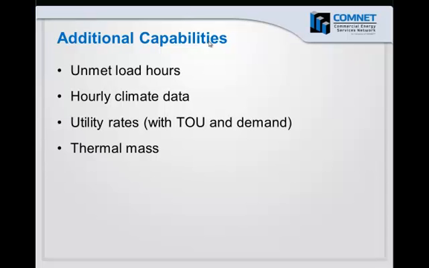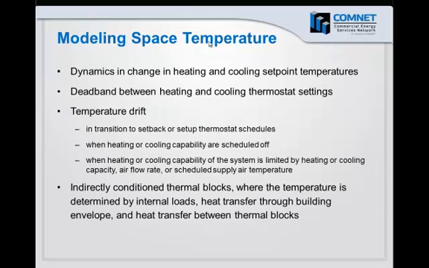This is necessary because of the default schedules that COMNET has. And the simulator also needs to account for the time delay and declination from thermal mass. The simulator needs to account for the change in heating and cooling set points.